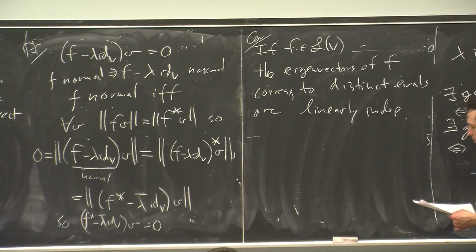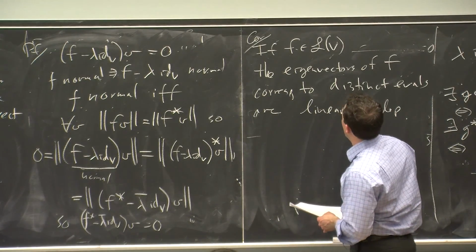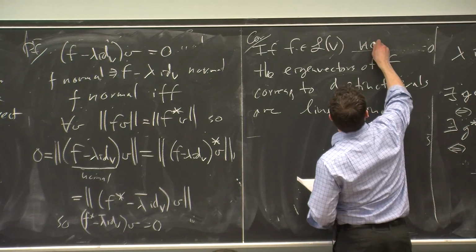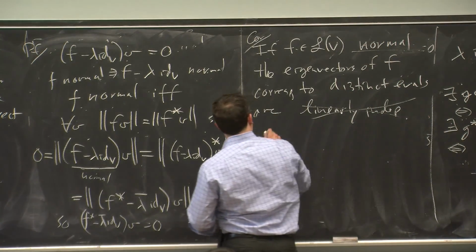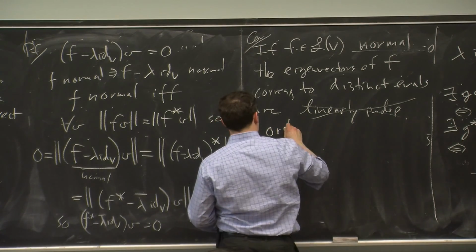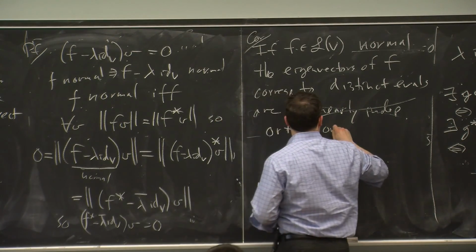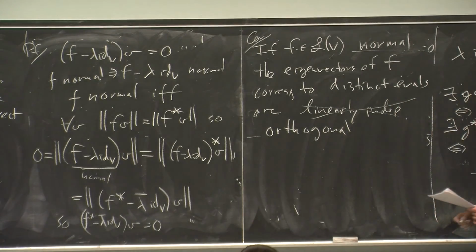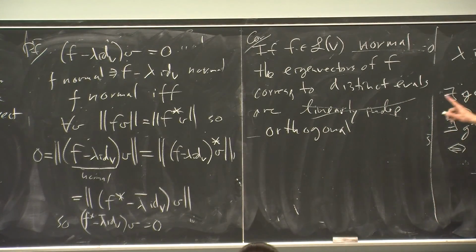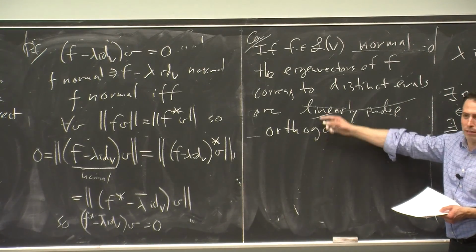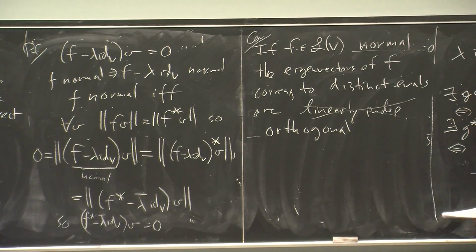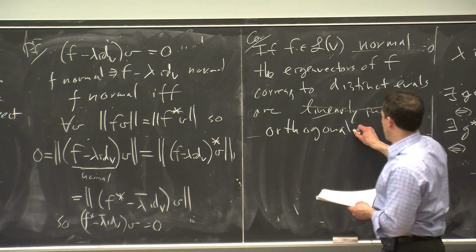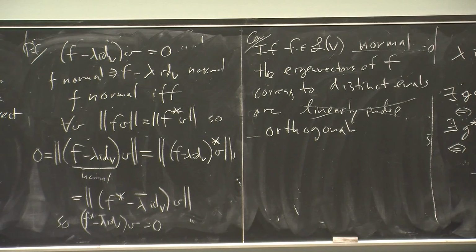If I add the hypothesis that f is normal, I get something stronger, which is that the eigenvectors are actually orthogonal. I get to drop the non-zero condition because 0 is orthogonal to everything. So not only independent, they're more than independent, they're orthogonal.